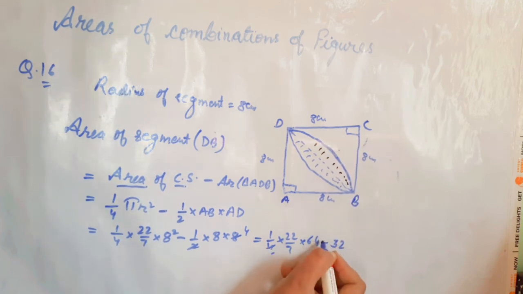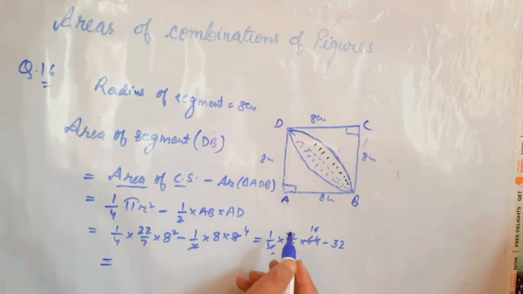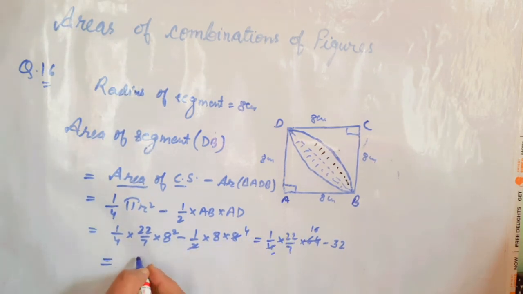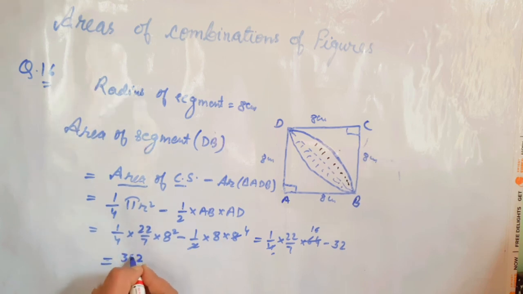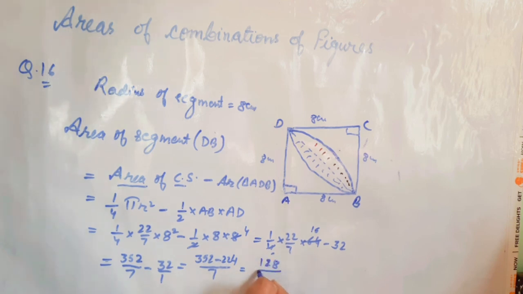So 4 1s are 4, 4 16s are 64, and this will be equals to 22 into 16, 352 upon 7 minus 32. Simplify it by taking LCM. LCM is 7 and 352 ones are 352 as it is, minus 32 into 7, 224, which is equals to 128 upon 7.